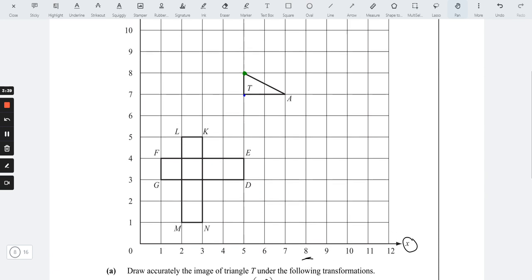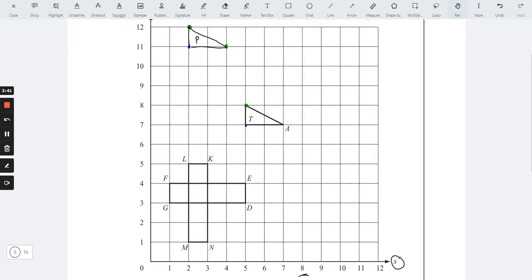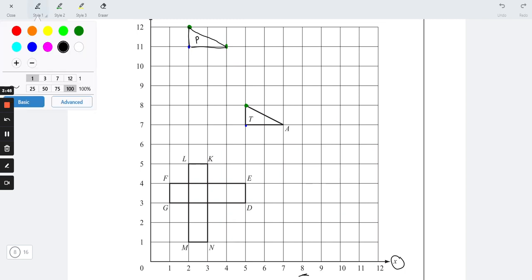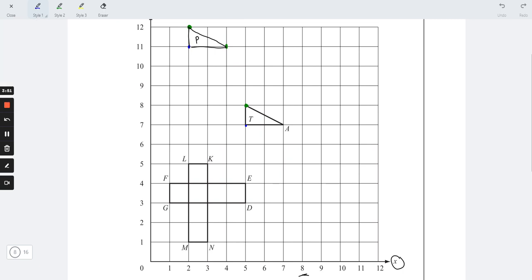So here we will draw a mirror line or line of reflection. I will use different colors. So here 8. We have a vertical line going through point 8. So this is x equal 8.